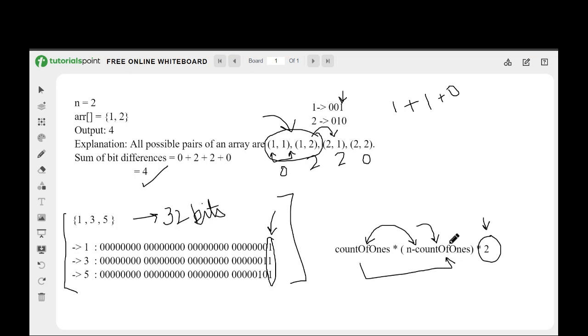So the logic is that we go to every ith bit, check the number of ones present, multiply it with the number of zeros or unset bits present at that ith bit, and multiply it with 2, and that will give me the bit differences which can be formed with this ith position.